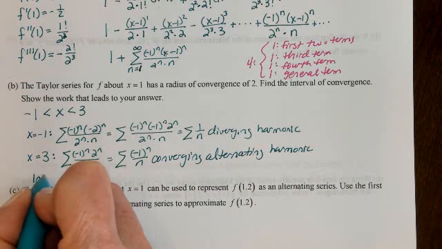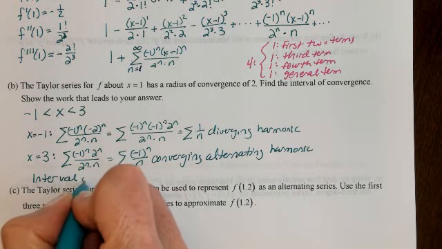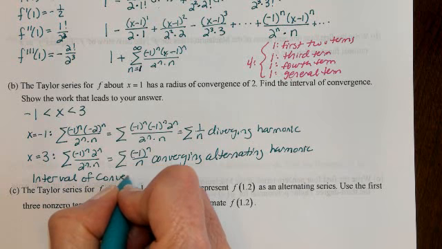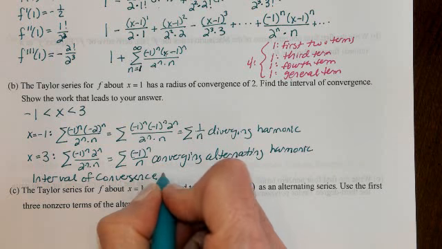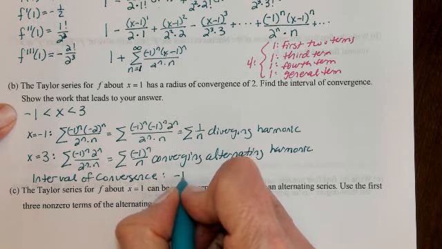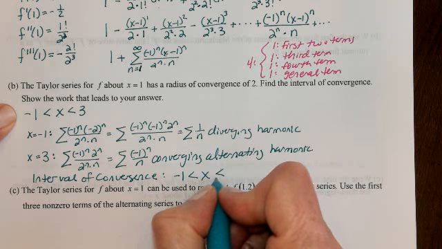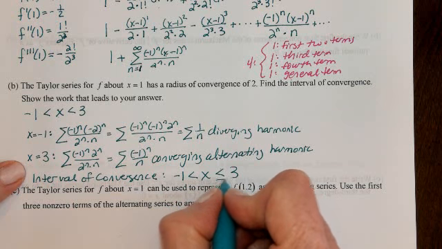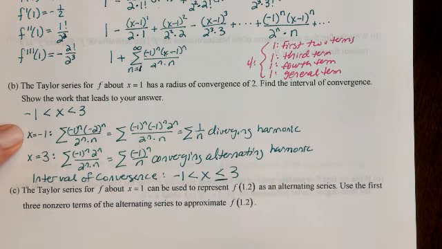So the interval of convergence is -1 to 3, including 3, but not including -1.